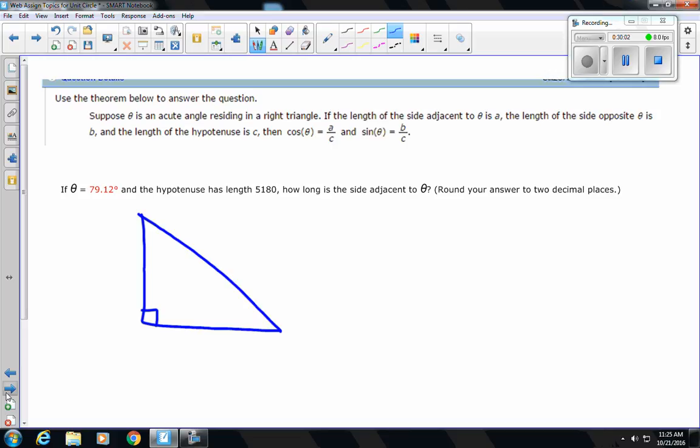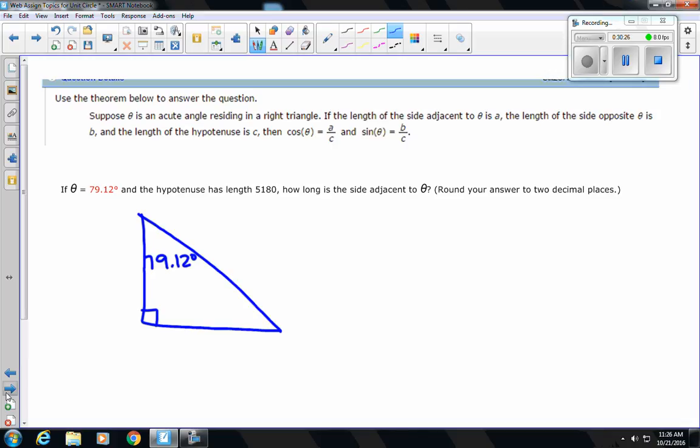Listen. All right. We have to set the triangle up according to the sides the way that they gave it. And so it says that theta is an acute angle. And honestly, it doesn't matter if you decide to put it at the top or the bottom. I'm going to put it at the top just because. 79.12 degrees. Now, everything I do, though, is now from that perspective.